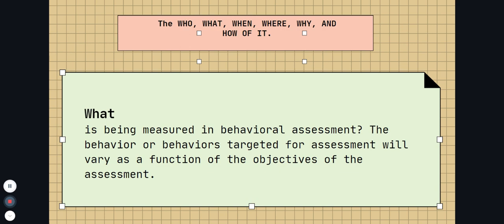For the purpose of assessment, the targeted behavior must be measurable, that is quantifiable in some way. For example, with the client earlier, we assessed her social interaction since she is having a hard time meeting men. So we are measuring the social interaction behavior of the client.